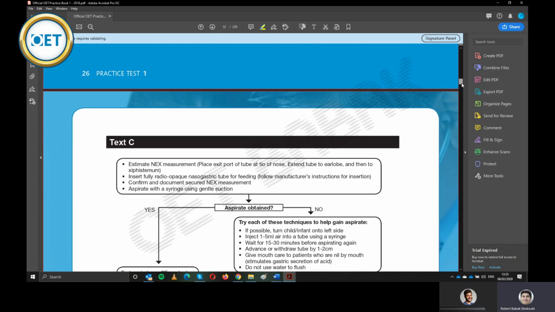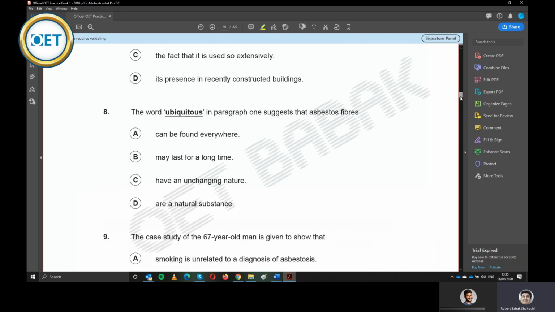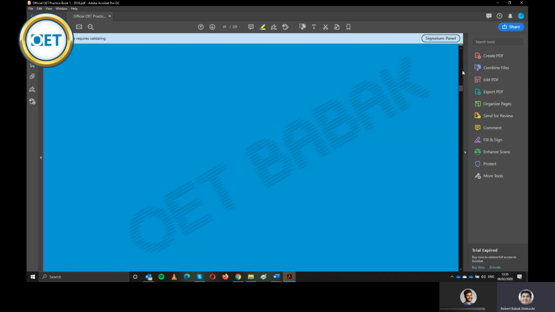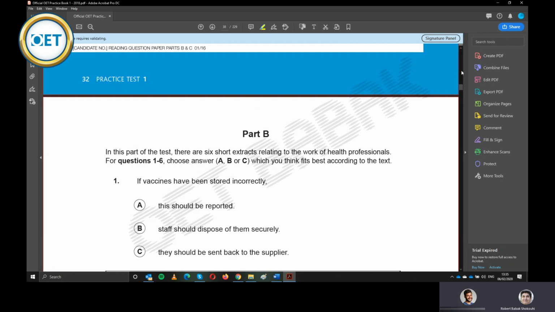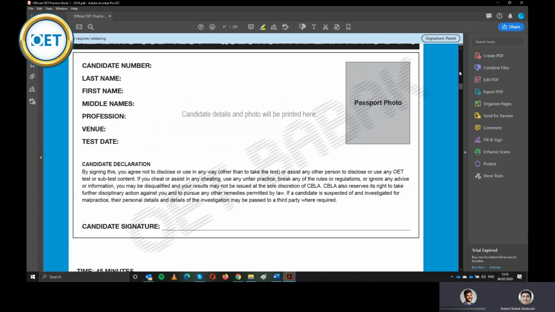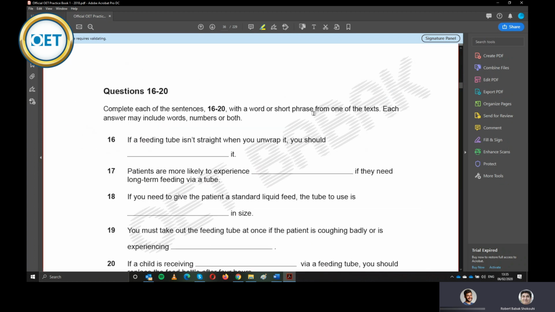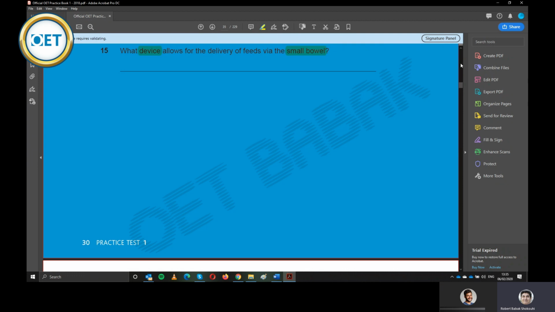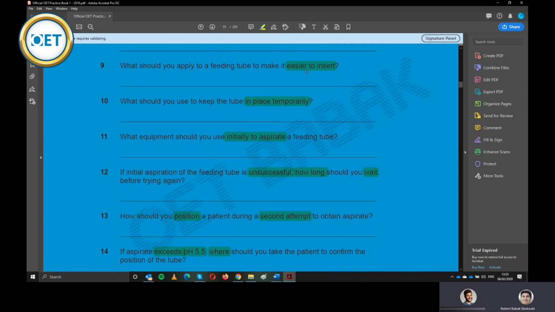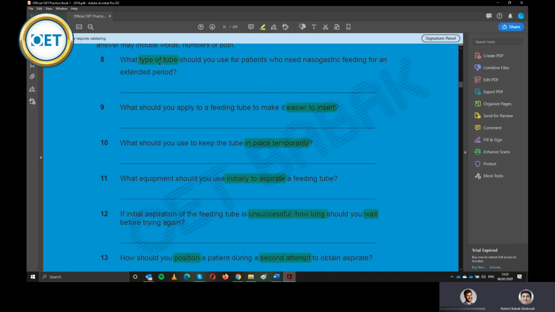So we've got some answers here then. Fine bore, easier to insert, water-based lubricant, place temporary tape.